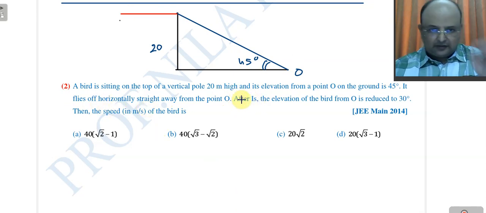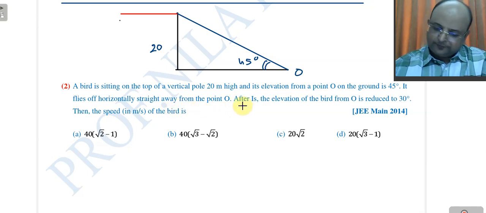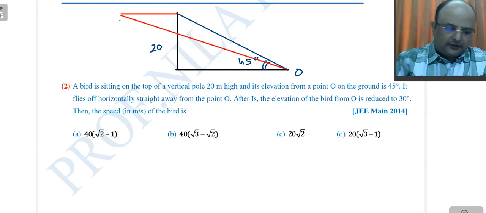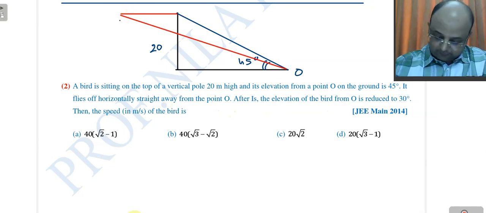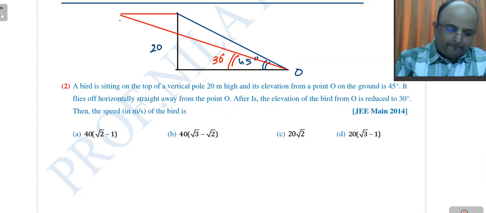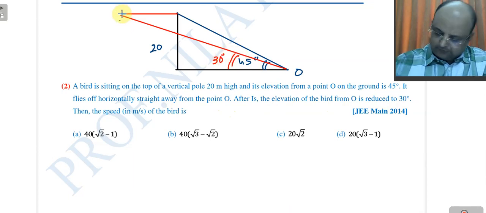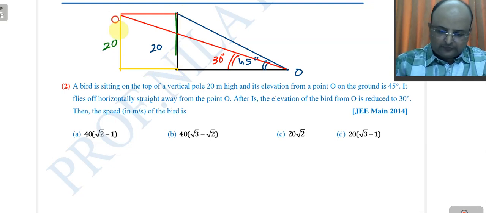After 1 second, the elevation of the bird from O reduces to 30 degree. Okay, this reduces to 30 degree. That is what they say. Then I go for this diagram. Suppose this height is also 20, because this is 20, this is also 20. Suppose this is your x and suppose this is your y.